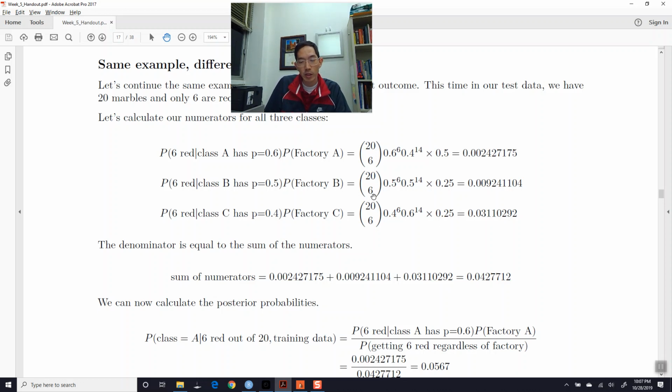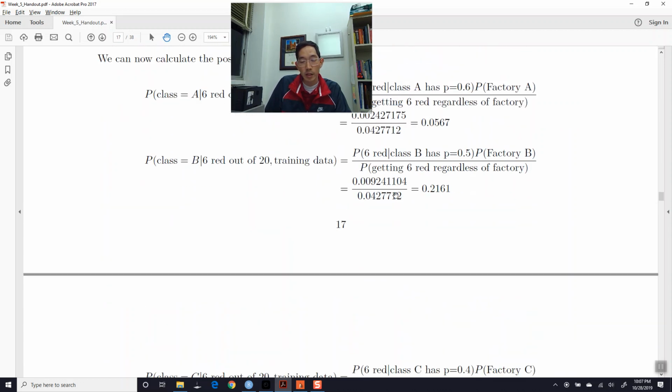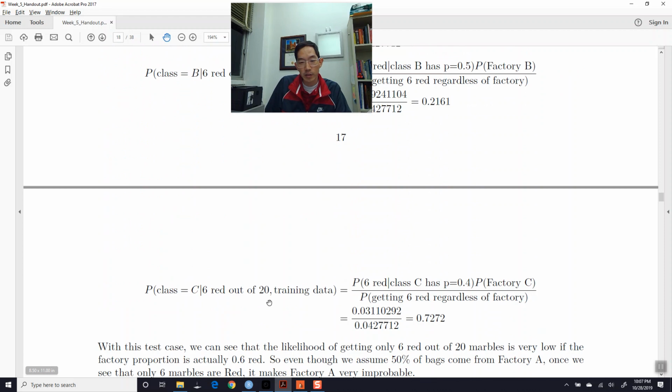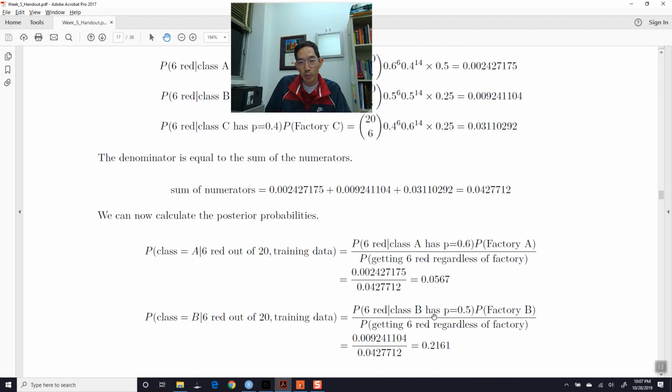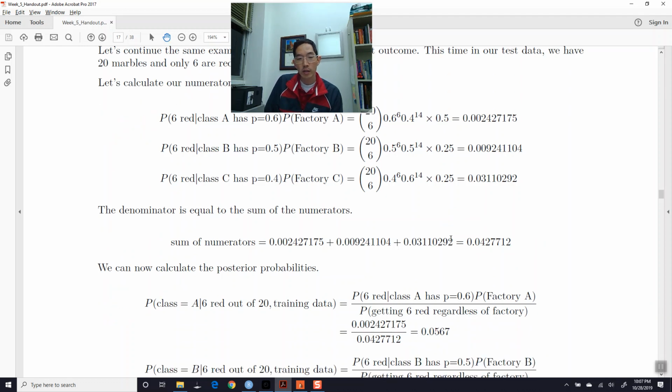And so when we do all of this, factory C turns out to be the most probable. So I just did the numerators really quick, the likelihood times the prior. So the prior probabilities are still 0.5, 0.25, and 0.25, okay?